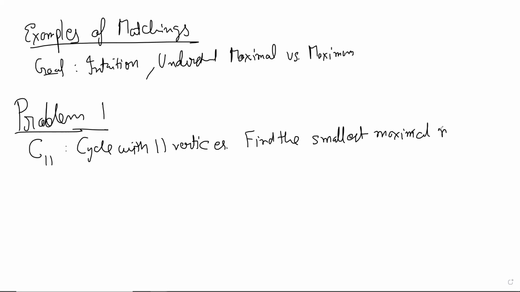Okay. Let's think about this. This can be framed as a problem: if someone just maybe arbitrarily picks some edges, then what's the worst he or she can get?